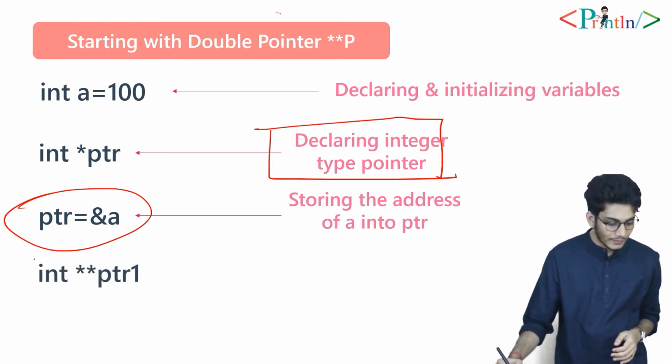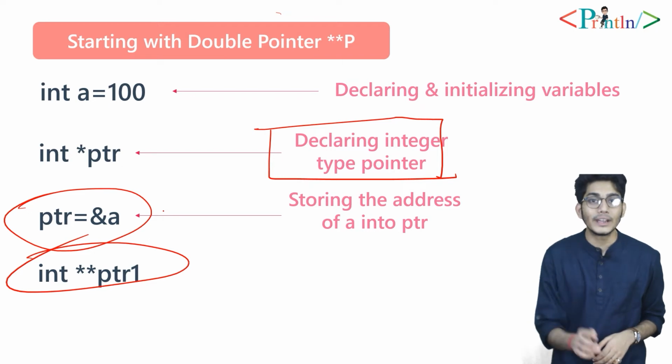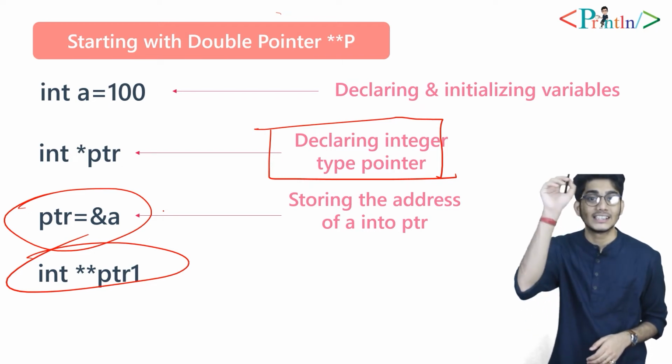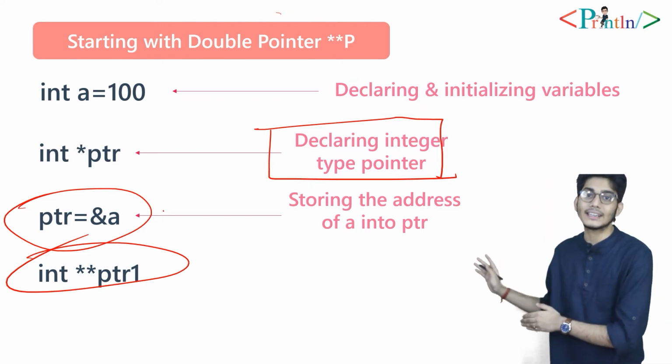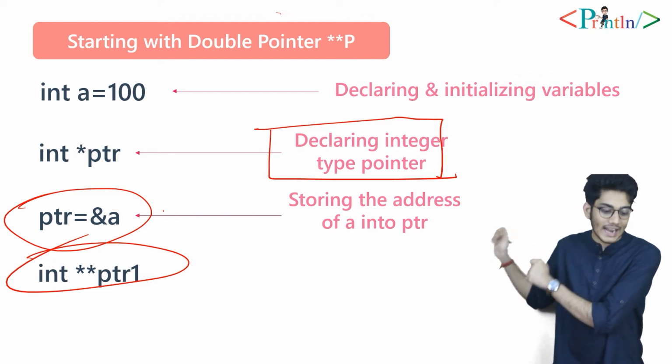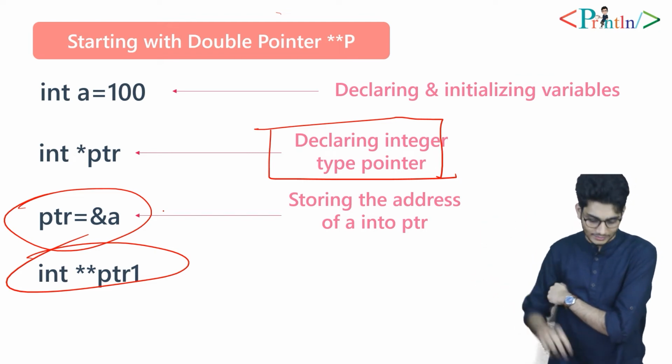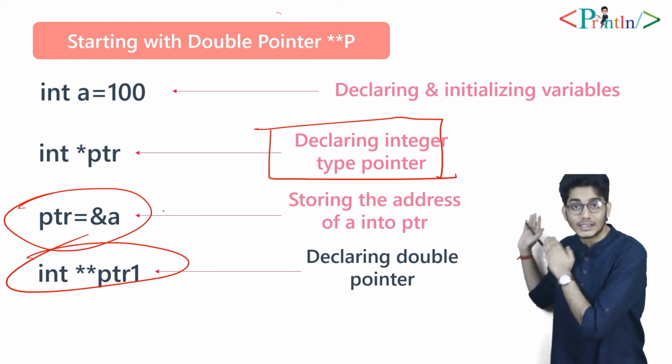Now what we are doing here, basically we are declaring the double pointer using star star ptr1.